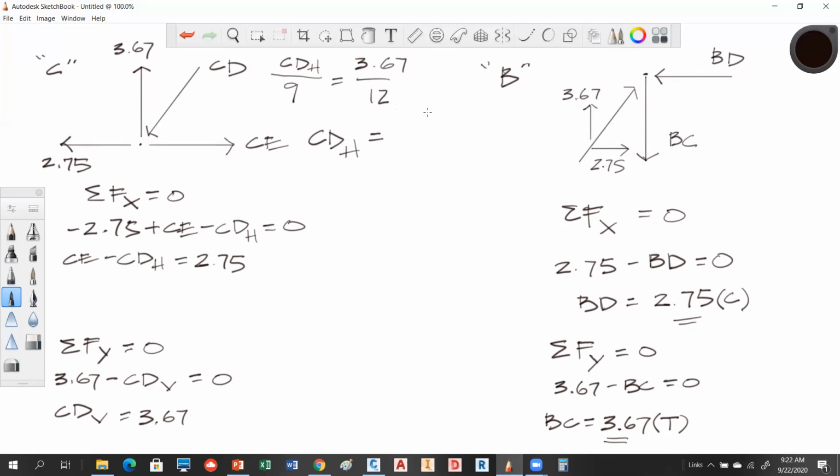Okay, so we got 9 times 3.67 divided by 12. You're getting 275. Are you noticing that a lot of these numbers are the same? Everybody noticing how that's kind of working out?